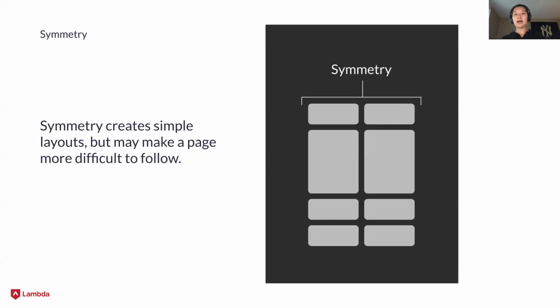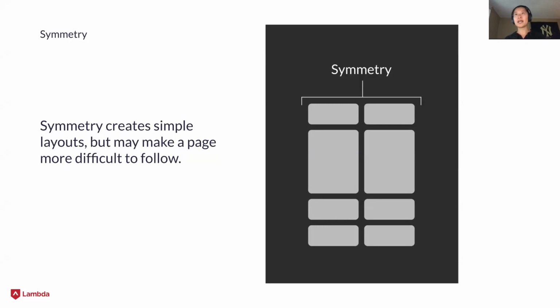Symmetry is not bad at all, but it can be a little less engaging in compositions. There's certainly a place for symmetry in design, and you should always keep this as part of your toolkit. It also helps create stability, but it's harder to use in interaction design because it makes the path through a page more difficult to find and follow.